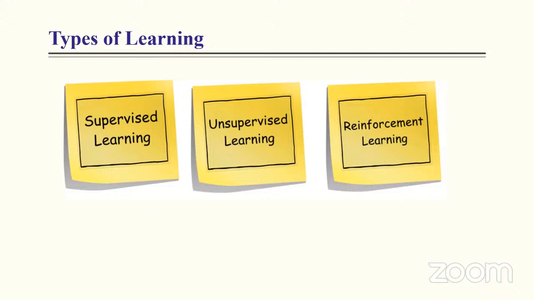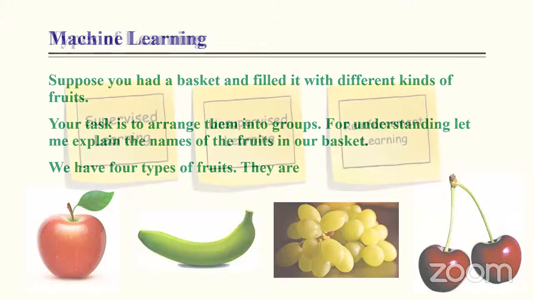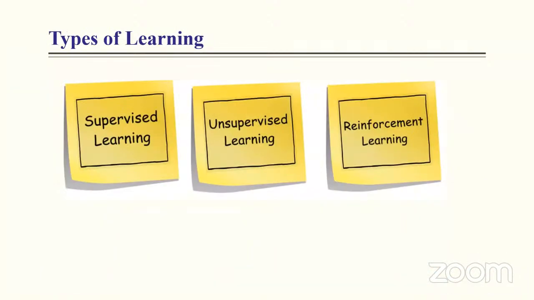Your move will depend upon what your opposition has played. You will not plan that I'm going to do this, then this, then play this move. No. You say that if they play like this, I will play like this. If they do this, I will do this, right? That's how you plan. So that's what we call reinforcement learning. So we have three types of learning: reinforcement learning, unsupervised learning, and supervised learning.